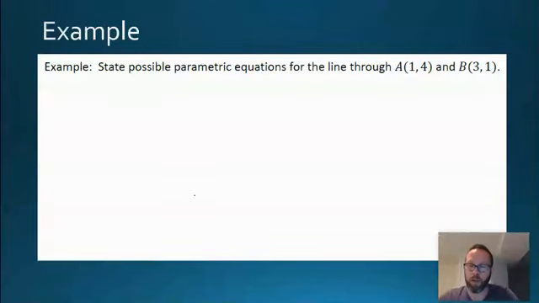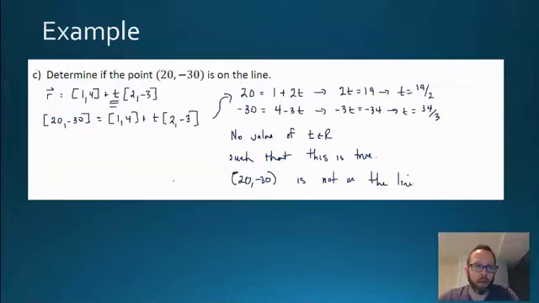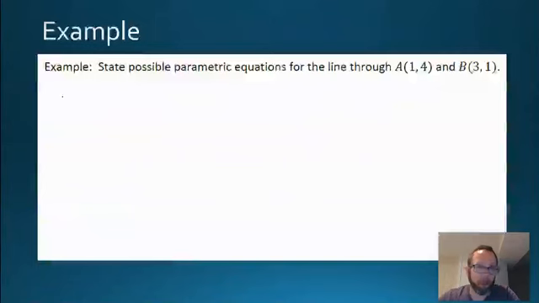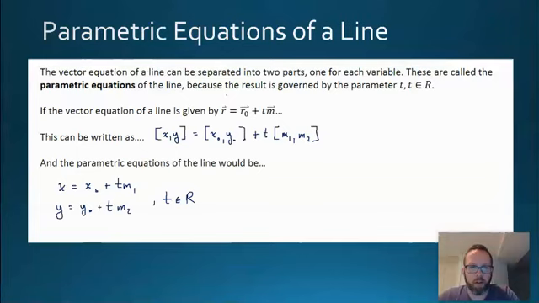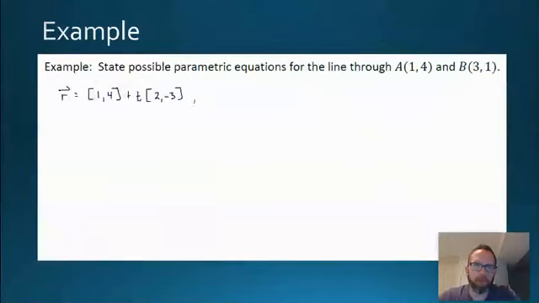So let's go back to our example. The vector equation that I worked with was r equals (1, 4) plus t times (2, -3). Let me just double check that. Yep. Okay. And t was a real number. The parametric equations are so easy to get from the vector equation.